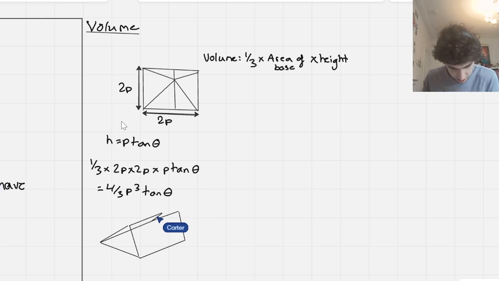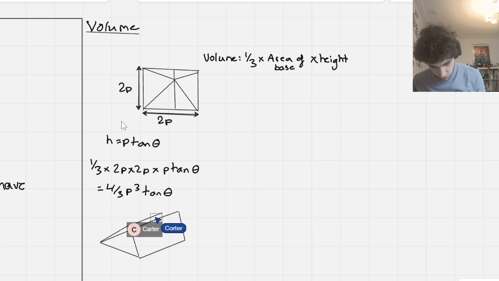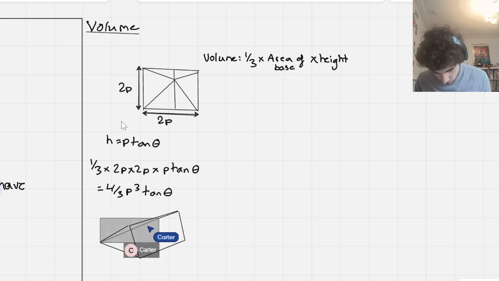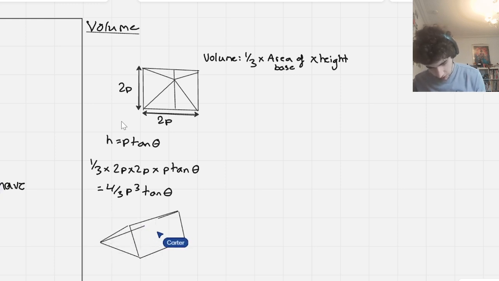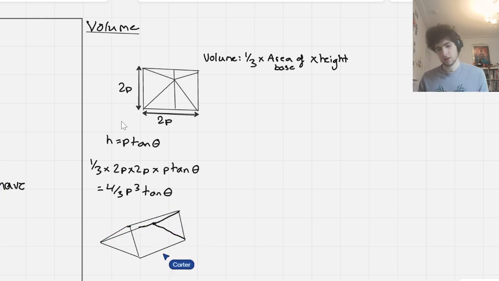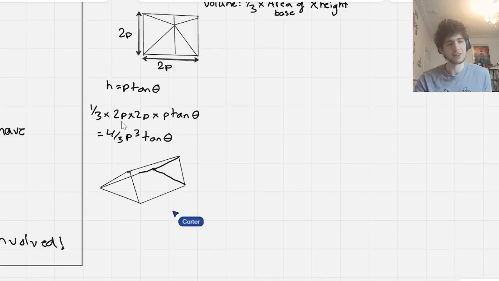I think I do want this to extend to the other side, so I've drawn this in the wrong place. I don't want the bottom one to do that. I want my bottom one to be down here, and then I can draw up to it. It could be something like this, right? So we can remove that. So what I want is this, and then something like that. That'll do. That's a good triangular prism.